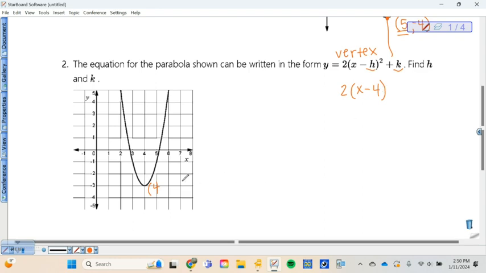Does that make sense? So h equals 4, and then what is k? -3, good. So that would be my equation.